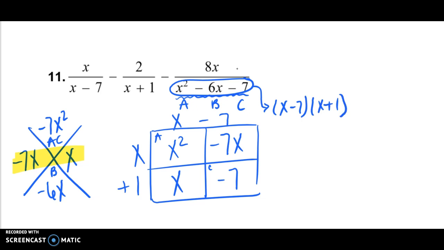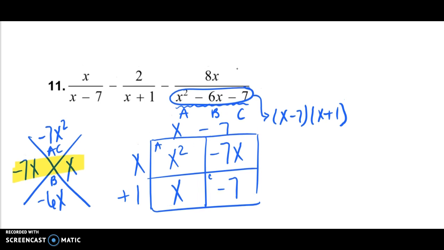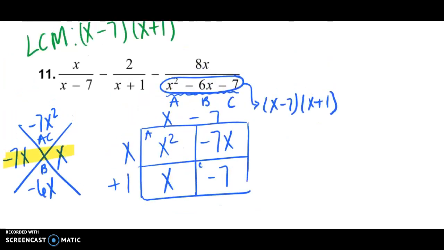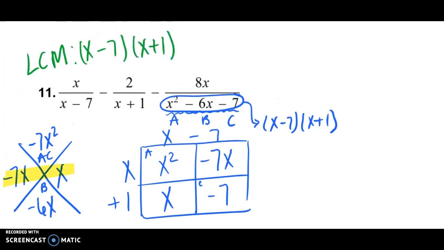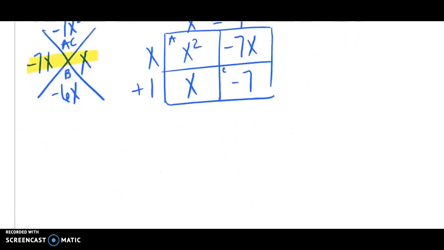So it looks like this is the same thing as x minus 7 times x plus 1. So now our least common multiple is going to be x minus 7 times x plus 1. That's something that they all should have in common. Now let's multiply. The first term we're going to multiply by x plus 1, since we already have an x minus 7.